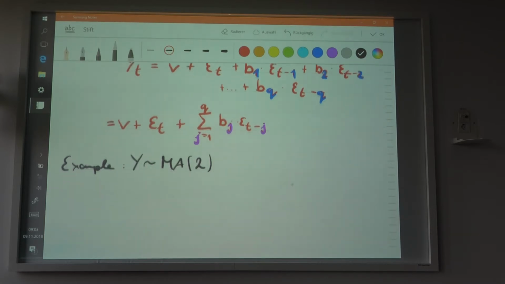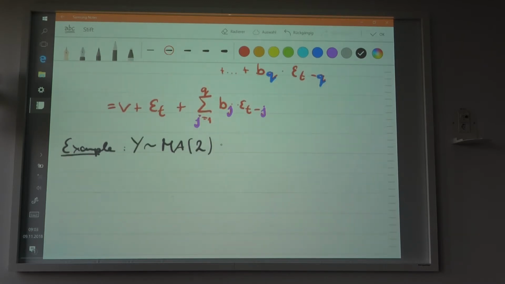If y is a moving average process of order 2, then yt equals the constant plus the noise at point t, plus b1 times the noise at point t minus 1, plus b2 times the noise at point t minus 2. So this is how it evolves, obviously.